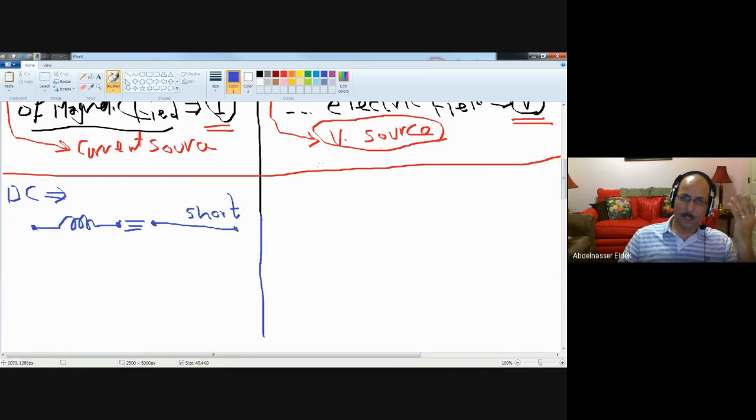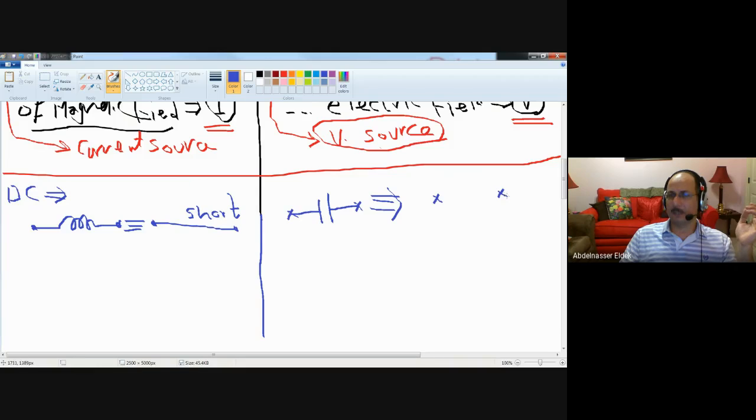Very easy. And the capacitor is just two plates. So in this case, you can replace it by an open circuit. Makes sense. You have a capacitor with two plates, and the two plates are not connected, so it is actually an open circuit. If these are the two terminals, all you have to do is replace it by just an open circuit here.